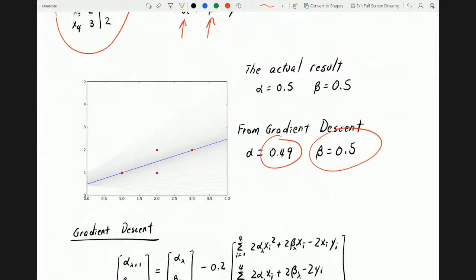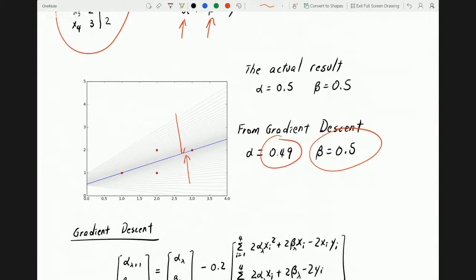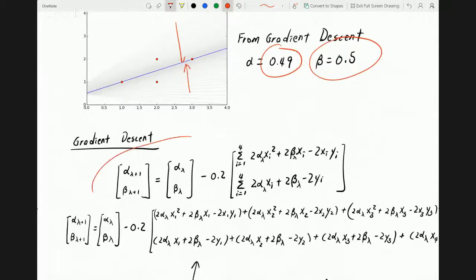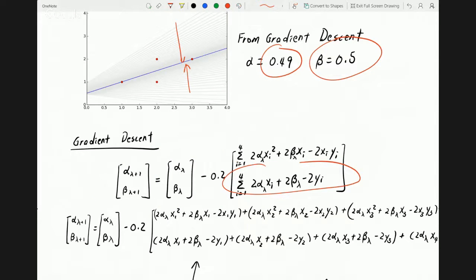And if you plot out the results over time, it little by little converges. These are all the previous lines, and eventually it converges towards the optimal line. Now with gradient descent, if you remember, we end up having this formula where this right here is the derivative, and over here is the initial guess.